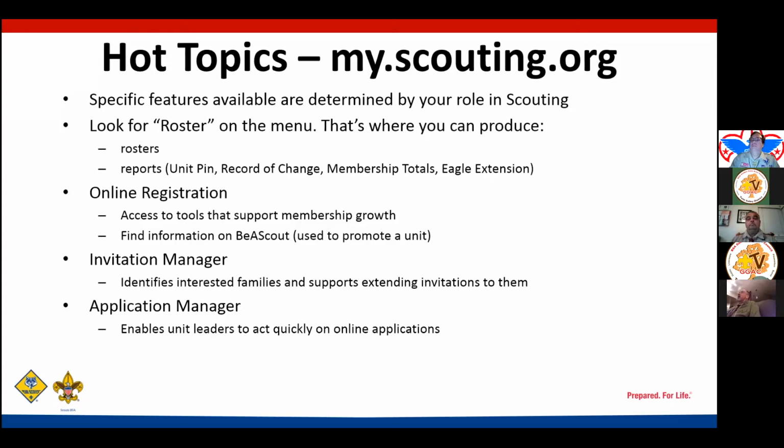When families or potential scouts are looking for units, they go online. This is one way they can find units and someone to contact to find out more about the units, through the Be a Scout pin. So if you're one of the key 3, go ahead and go into your myscouting.org and hunt around for the Be a Scout pin. Make sure it's up to date. That's all I'll say about myscouting.org.